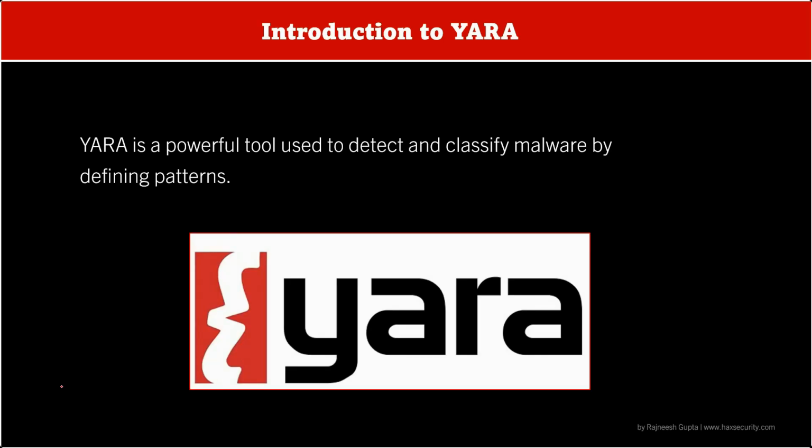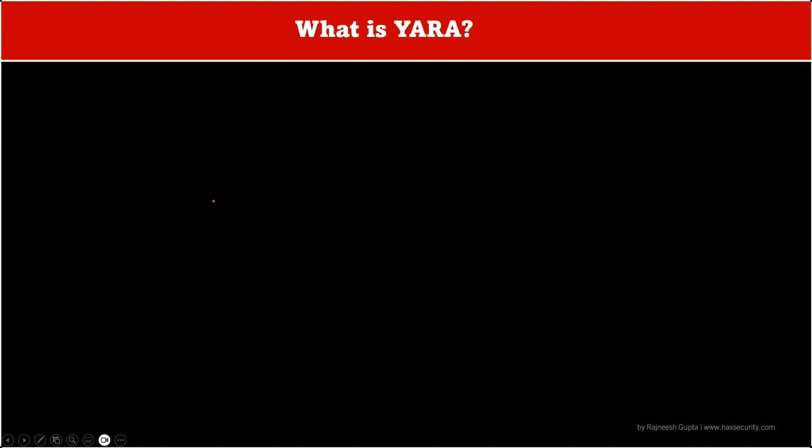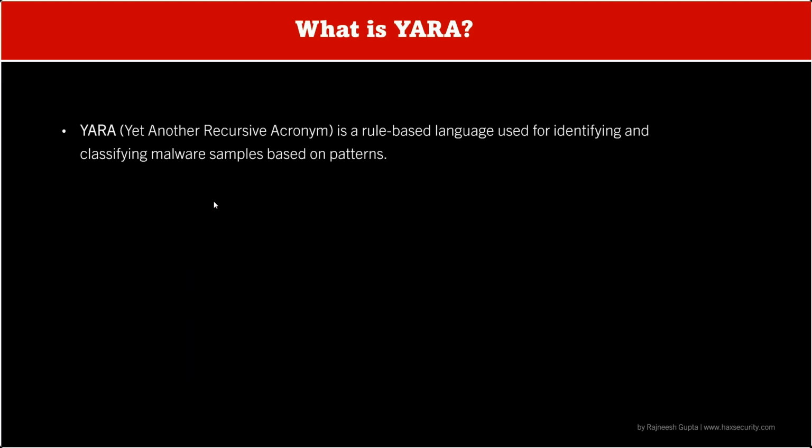All right, so now let's talk about YARA. YARA is a very powerful tool used to detect and classify malware by using a defined pattern or a set of rules. Okay, you create the rule yourself against any specific malware sample. And YARA, the full form is yet another recursive acronym, or basically a rule.